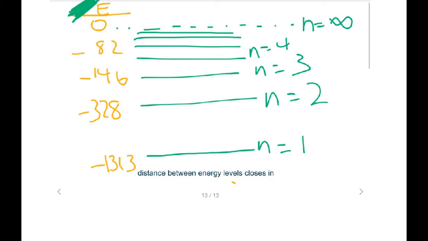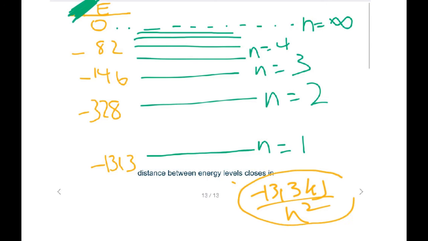So I wanted to talk about one last thing. This has to do with the energy levels that we discussed before, and this is for hydrogen atoms, so negative 1313 kilojoules per the principal energy level squared, and this defines the energy at each level.